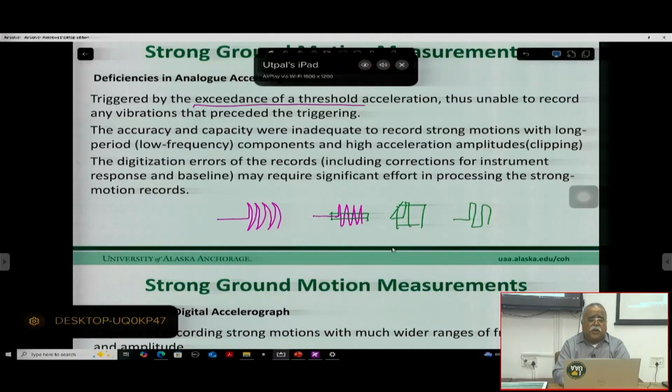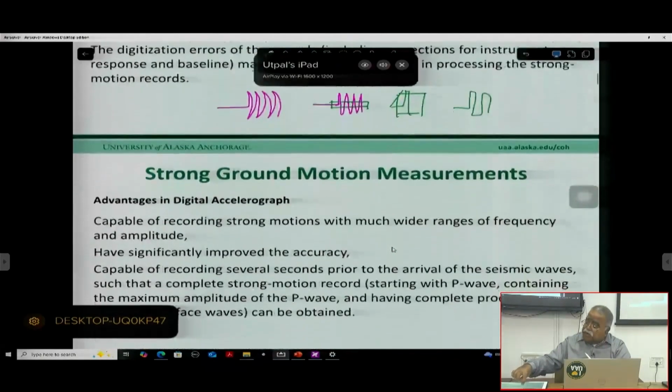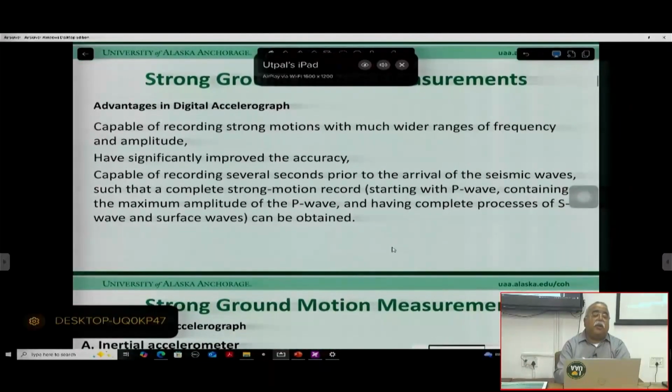Gradually, with digital records available, digital instruments are replacing the analog ones. The digital accelerometer has a wide range of frequency and amplitude, significantly improved accuracy, and is capable of recording several seconds prior to the arrival of the seismic wave.